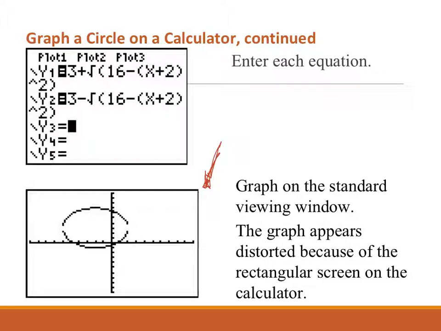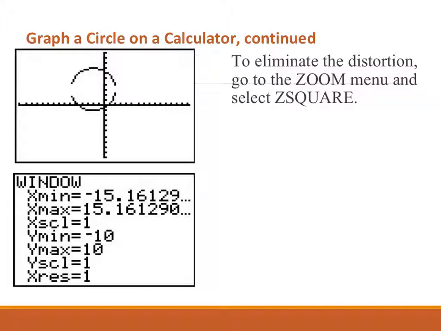graph. It looks a little distorted, but it turns out that if you want to eliminate the distortion, you go to the zoom menu on the zoom key and you select ZSquare.